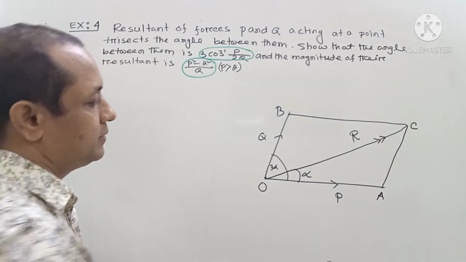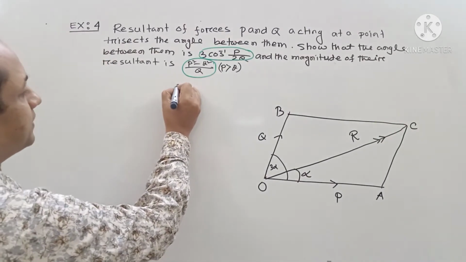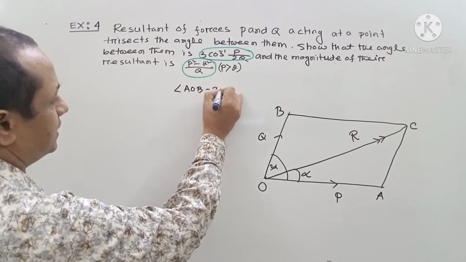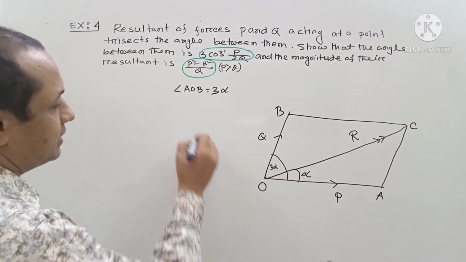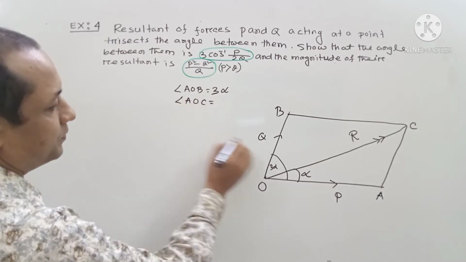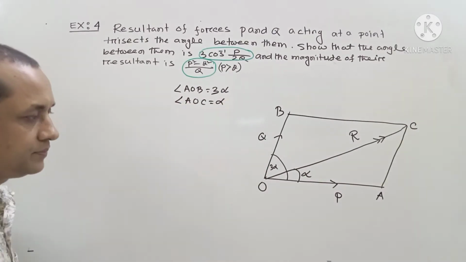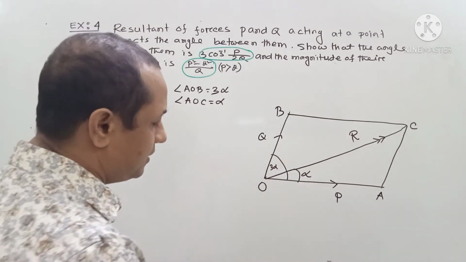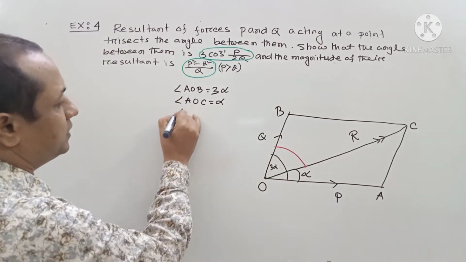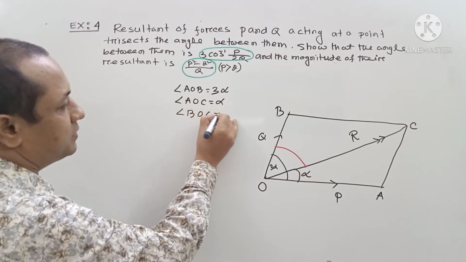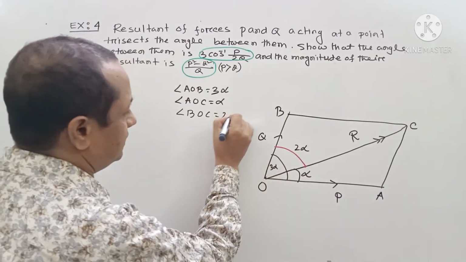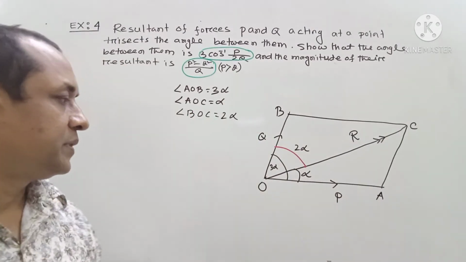Now students, here angle AOB equals thrice alpha and angle AOC equals alpha from the figure. So we have angle BOC equals 3 alpha minus alpha, which is twice alpha.